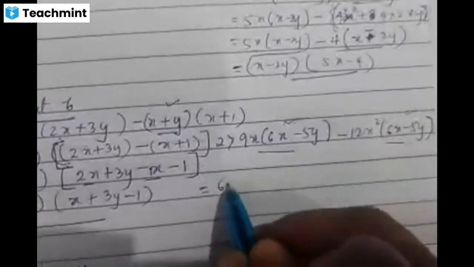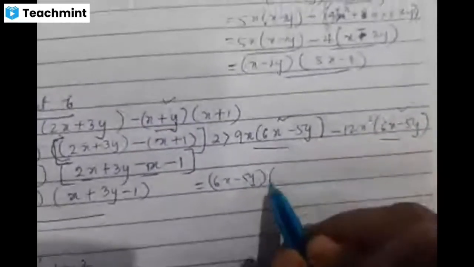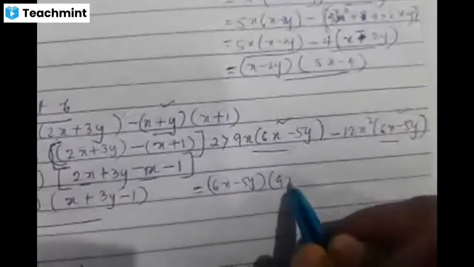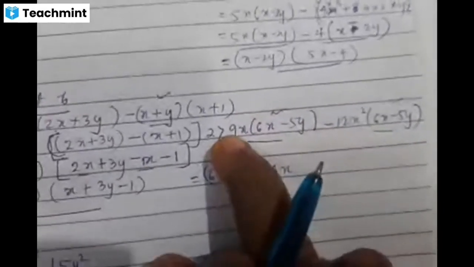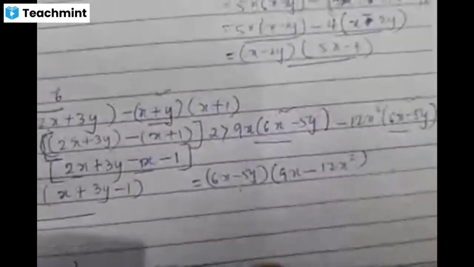So what I do? 6x minus 5y, which is a binomial, I keep it outside. Now inside the brackets, if 6x minus 5y is kept outside, you are only left with the 9x. Here also 6x minus 5y is kept outside. We are left with the 12x square.